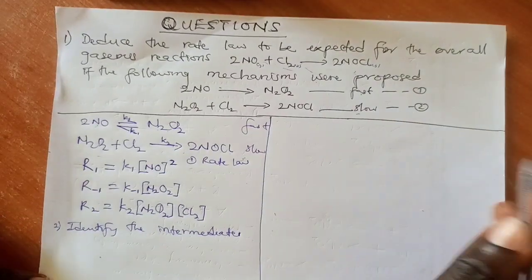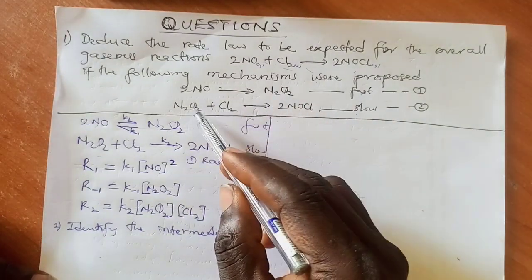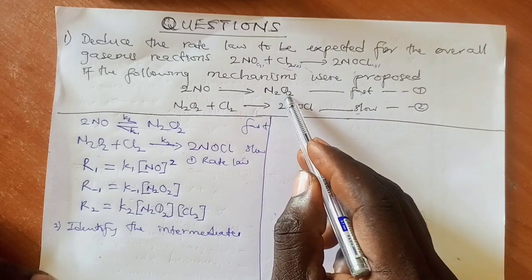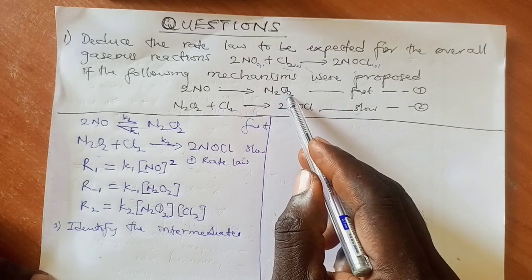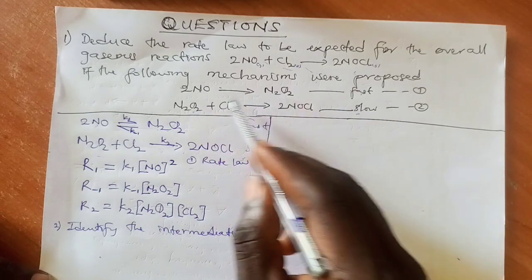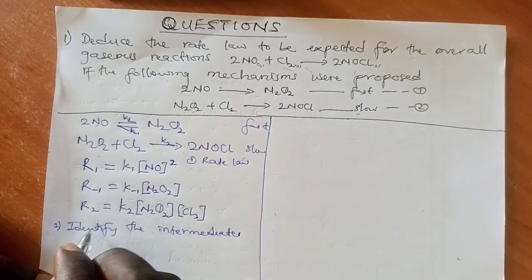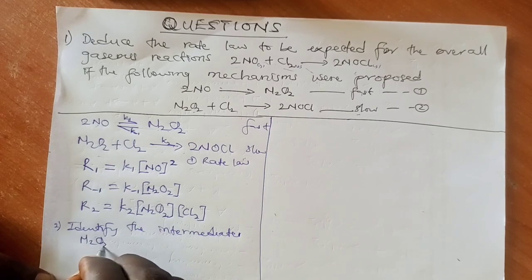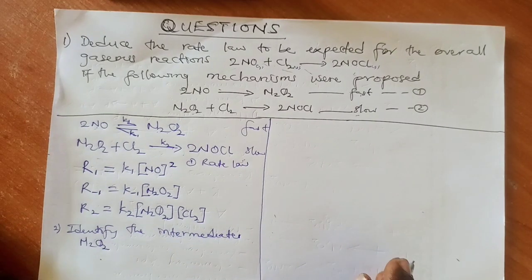If you go to my previous video, the intermediate here is the one that is produced in the early stage of the elementary process and then later consumed in the later stage. So the intermediate here is N2O2. Sometimes you can have more than one intermediate.